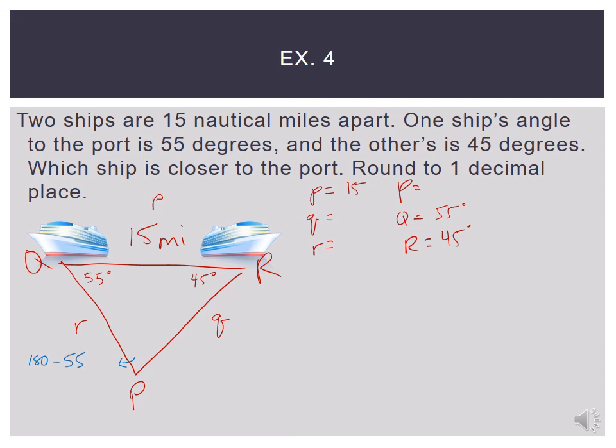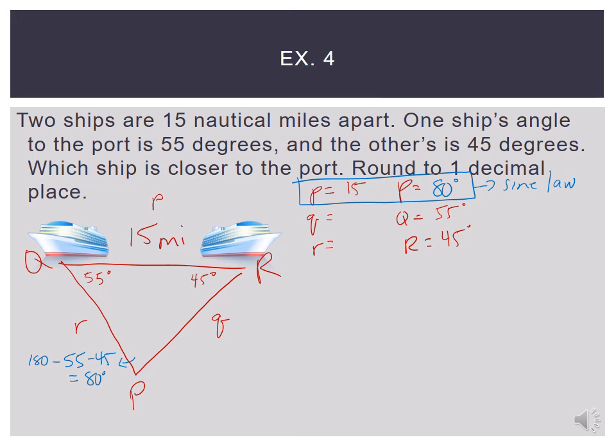So 180 minus 55 minus 45 gives you angle P. So in your calculator, 180 minus 55 minus 45 gives you 80 degrees. Now I have a complete letter. And that's our Q to use Sine Law.